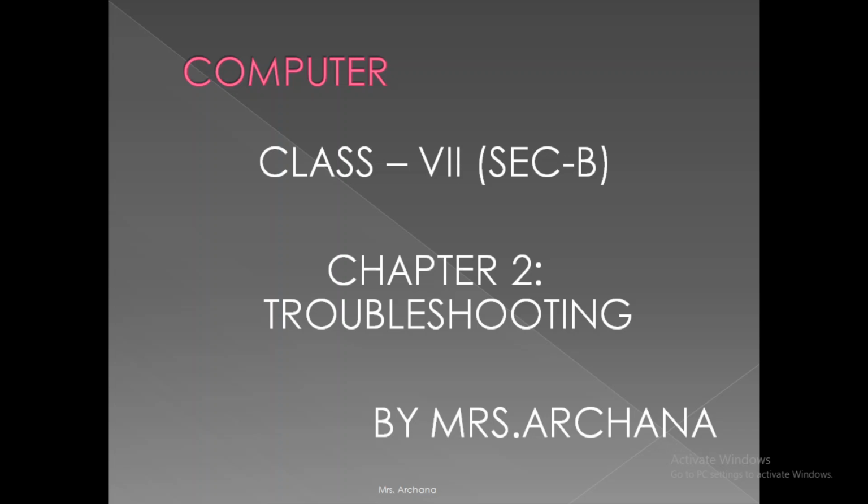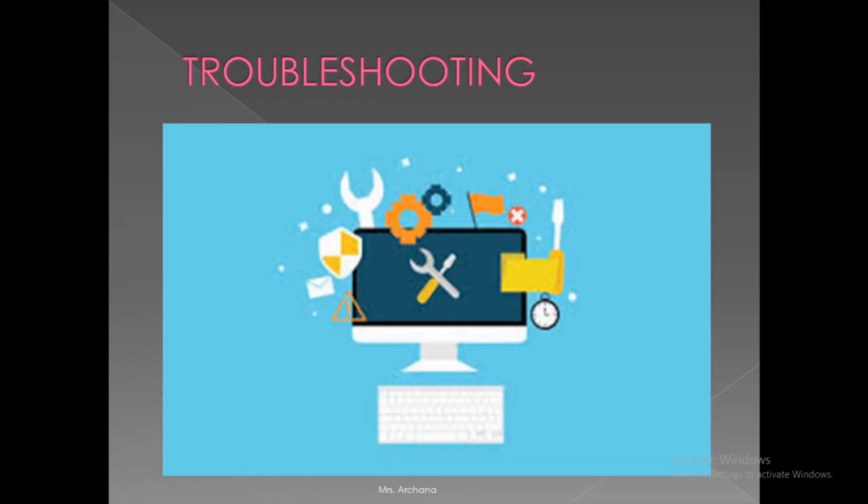Troubleshooting. In this chapter, we will learn computer troubleshooting, steps of troubleshooting and areas of troubleshoot. Computer is a machine and sometimes it fails to function properly. Then what is troubleshooting?